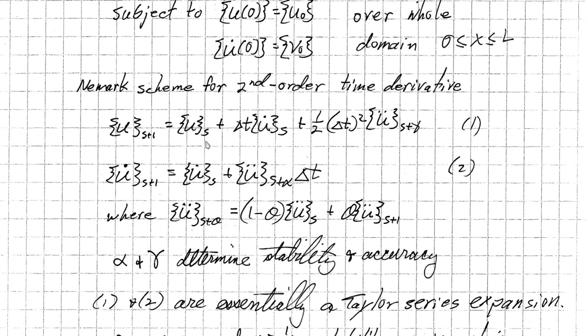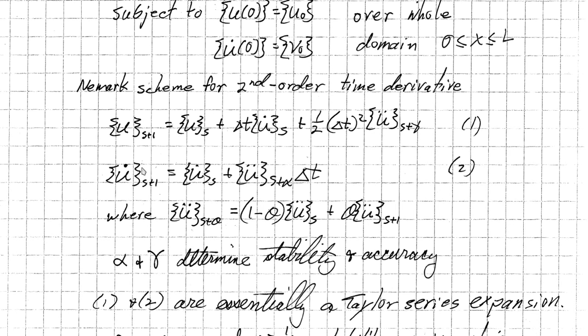So here's your delta t time step. Here's your velocity, and here's your acceleration. So this gives displacement at the next time step.